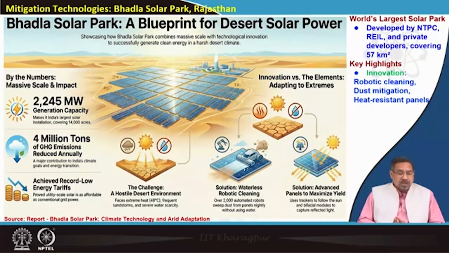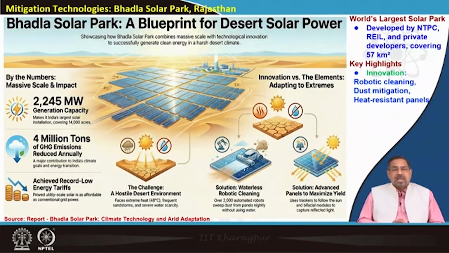So it's a major contribution to India's commitment to climate goals and energy transition. Now coming to the third point, India has achieved a record low energy tariff. That proves utility-scale solar is as affordable as conventional grid power. So if you go for a larger installation, then it becomes cheaper.